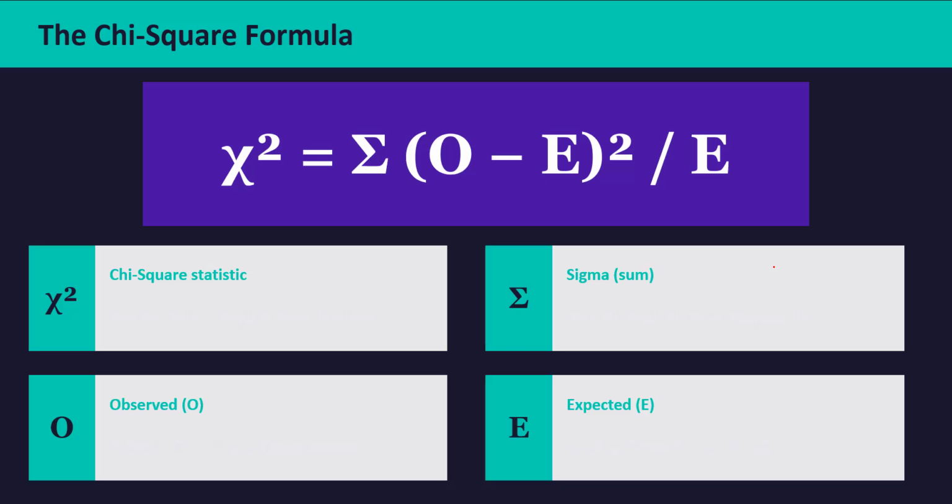So the chi-square formula, in order to calculate the test statistic, the chi-square value, we are using chi-square equals the sum of the observed frequency minus expected frequency, squared, over E. O means observed frequency.